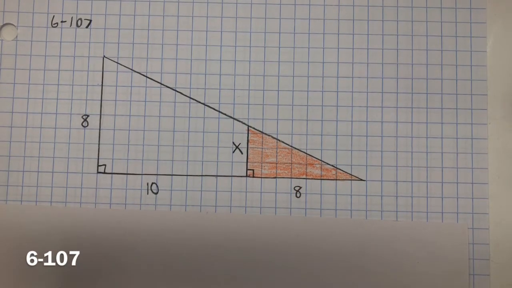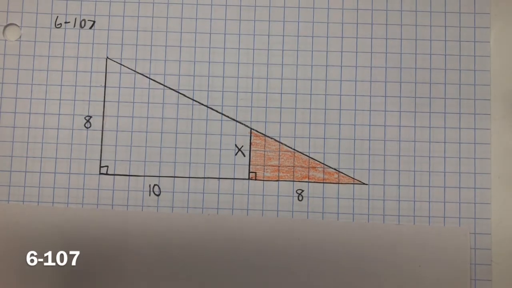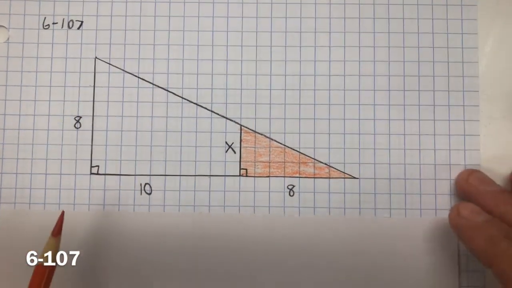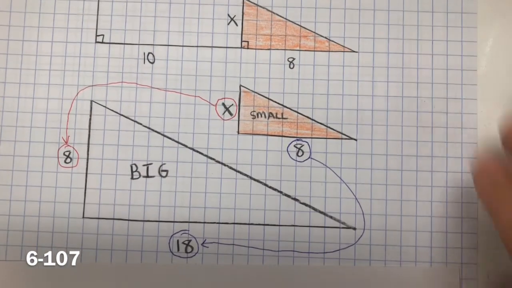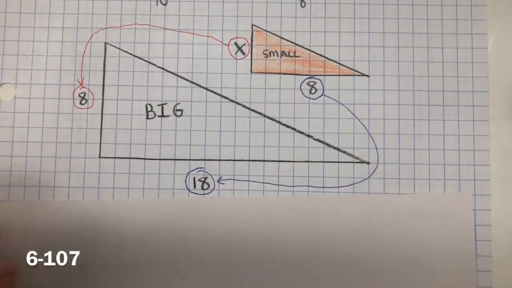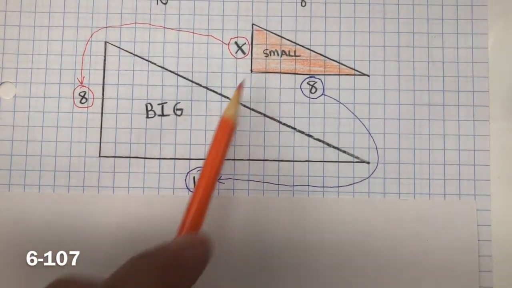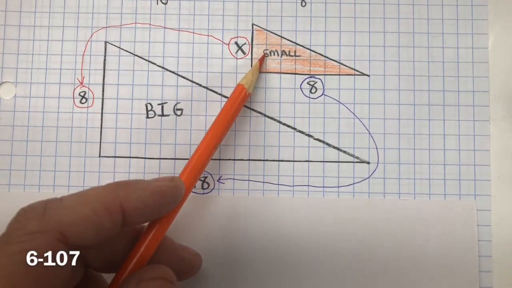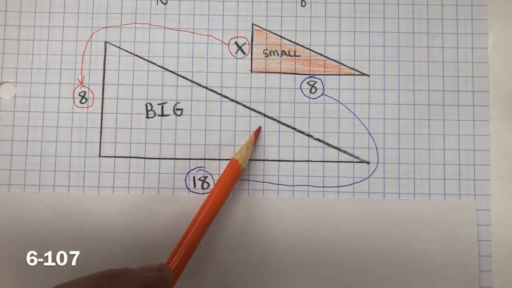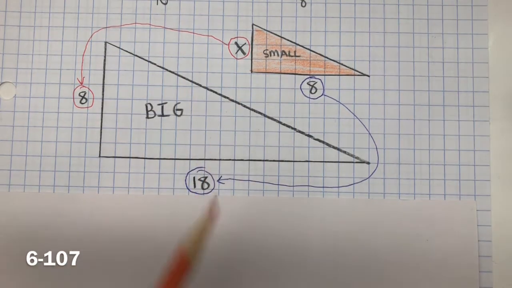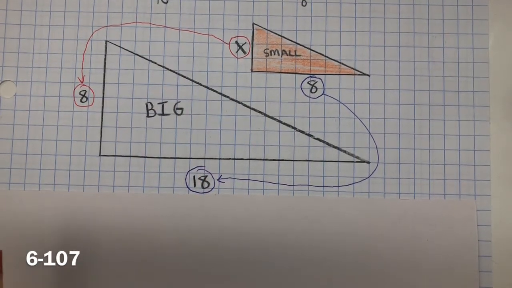So what I'm going to do is break this triangle into two separate triangles. And I did that here. Here's the two separate triangles. So this one used to be inside here. And I just broke it apart so you can see it as two separate triangles.